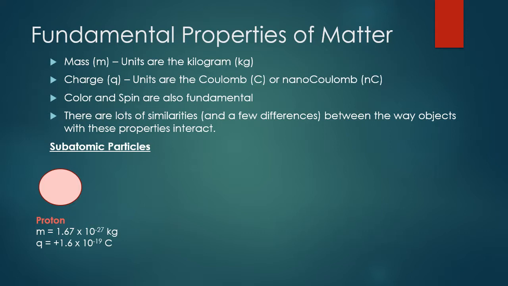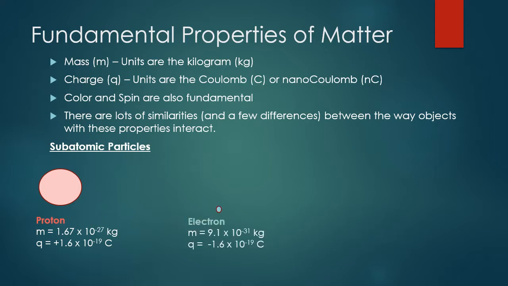And they also have a fundamental amount of charge. So the charge of a proton is given as positive 1.6 times 10 to the negative 19th coulombs. So they also have a very small amount of charge. Protons are positively charged, and these values, if you ever need them again, you can find them on your equation sheet.